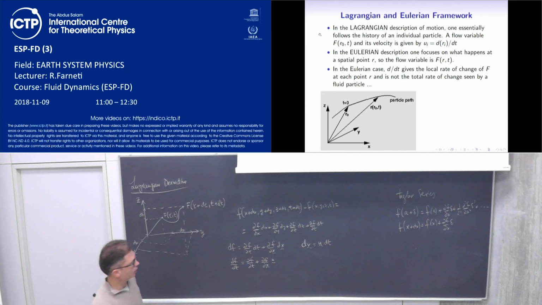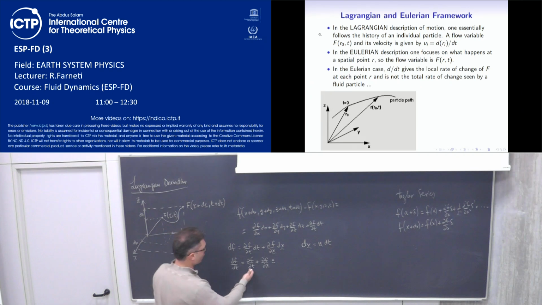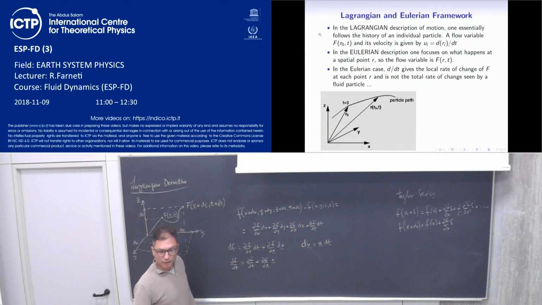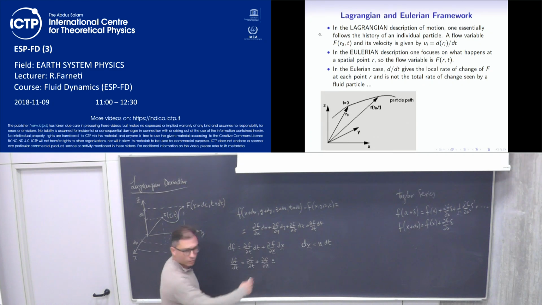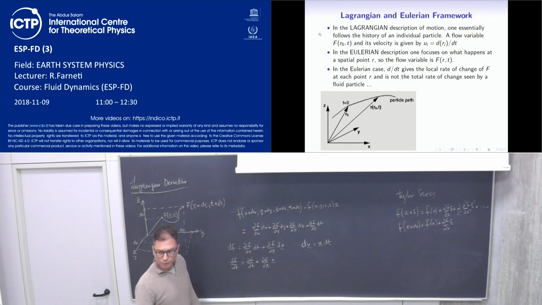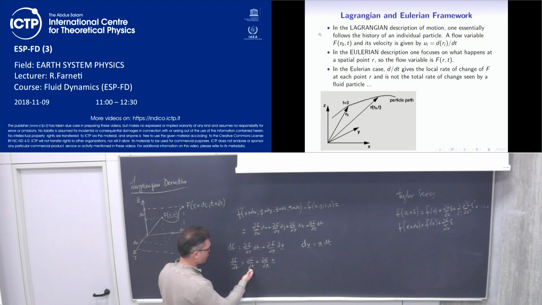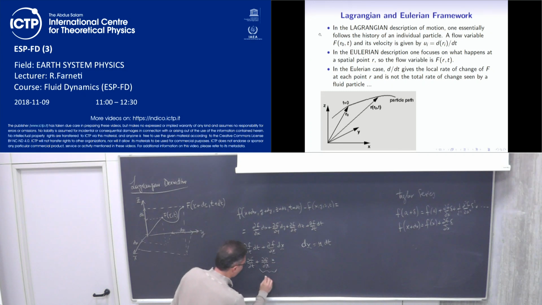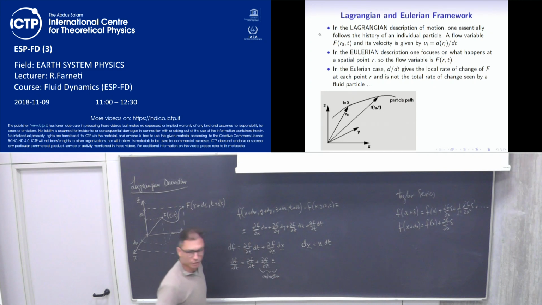Okay? So if it's a wave, the wave changes in time, it's time dependent, and there might be some interaction with the background flow, u. Okay? So there is a background flow and there is a wave that you want to describe. That wave will change in time and in space, and this is the advection coefficient. Okay? Advection.